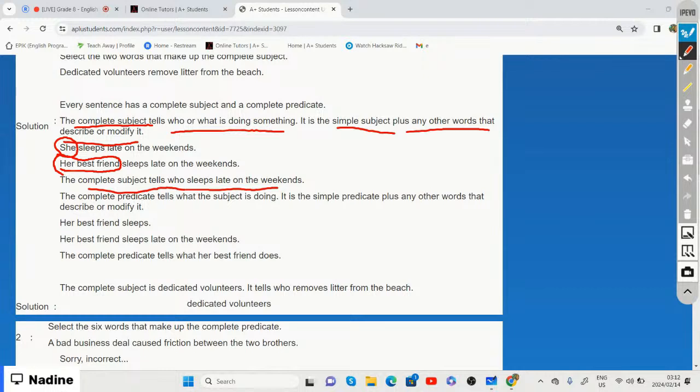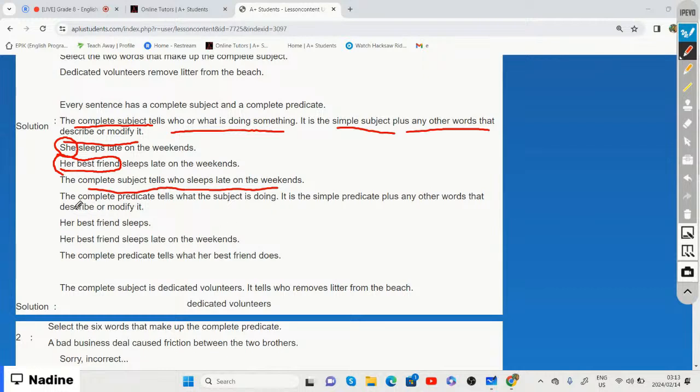And the complete predicate tells us what the subject is doing, the action. All right, so that is a complete subject.